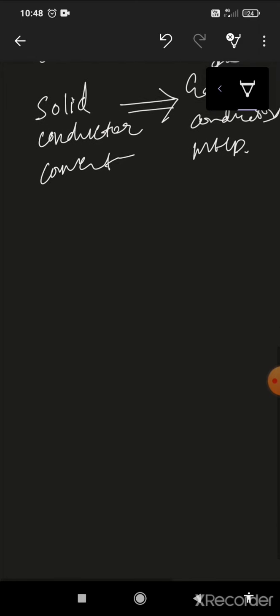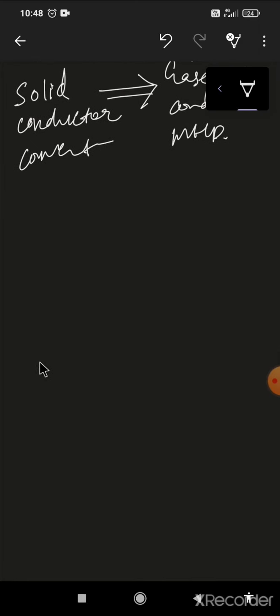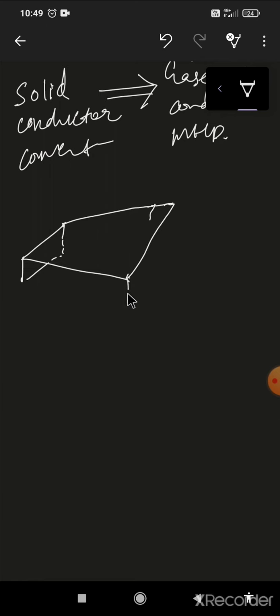So let me draw it. As you can see, I have drawn a sketch diagram.